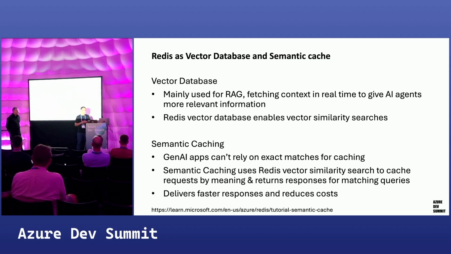Instead of doing specific keyword or specific vector searches, we can now think about similarity. So I have a vector database, I have my context vectorized within that, and now by enabling the semantic caching capability via Redis search, you will get much faster responses, and more importantly, reduced cost.